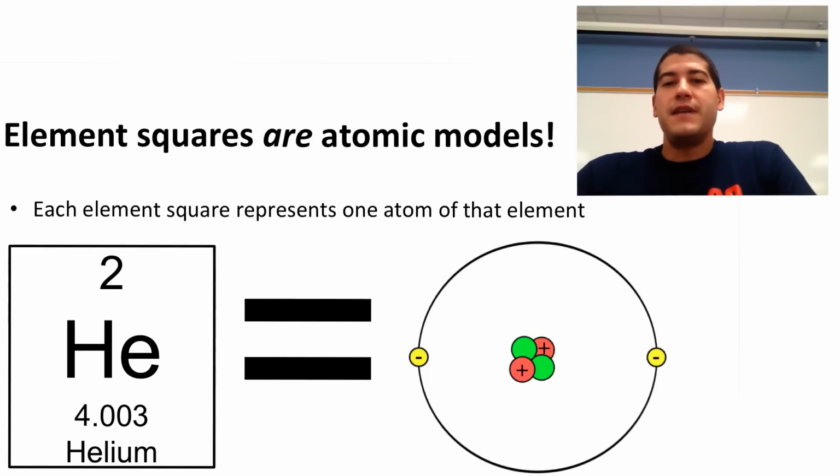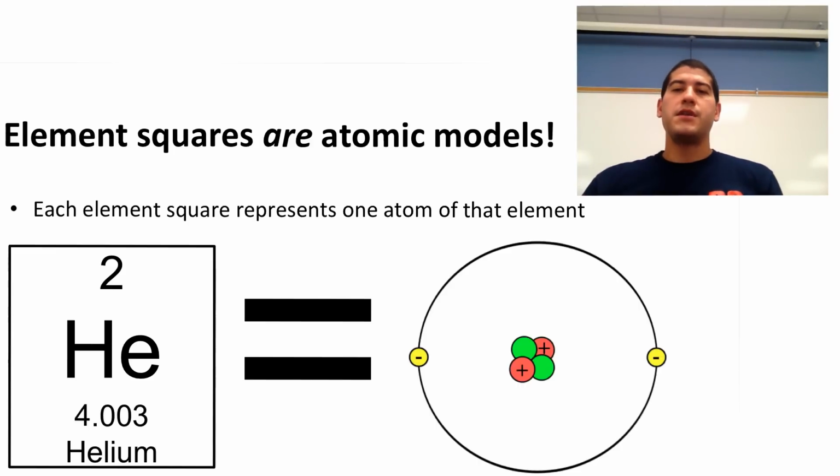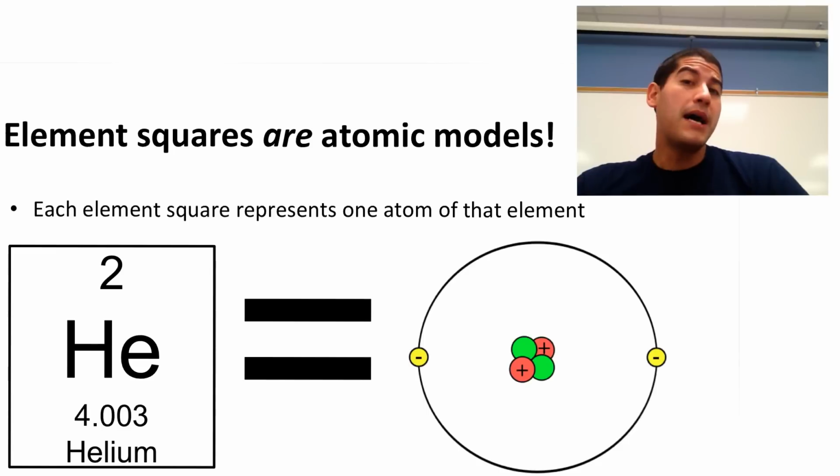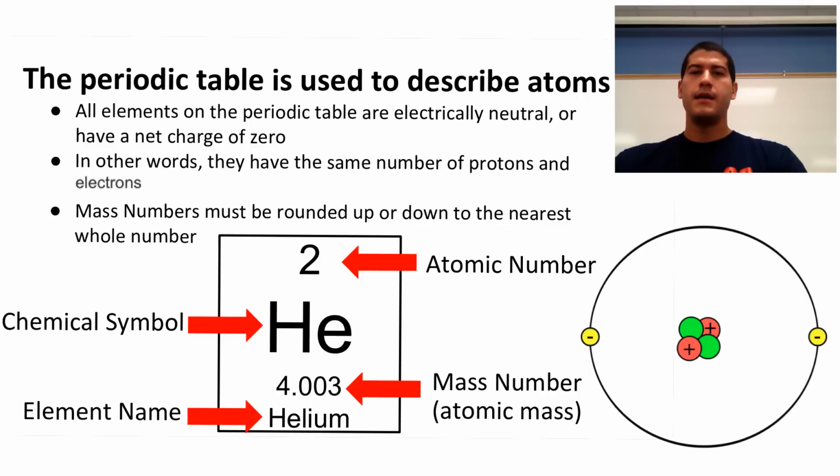By the end of this video, you should be able to use an element square from the periodic table to create an atomic model, or do the reverse, be able to identify which element square is being represented by a visual model, just by looking at the subatomic particles that it has. Each element square on the periodic table has 4 important pieces of information.